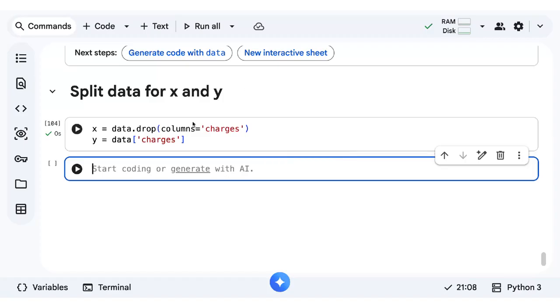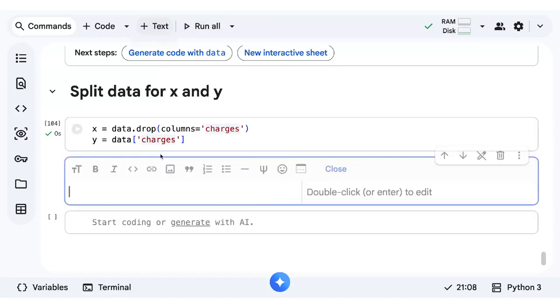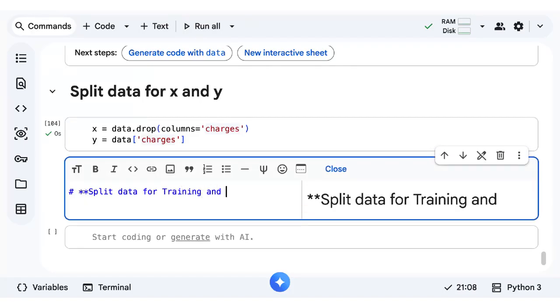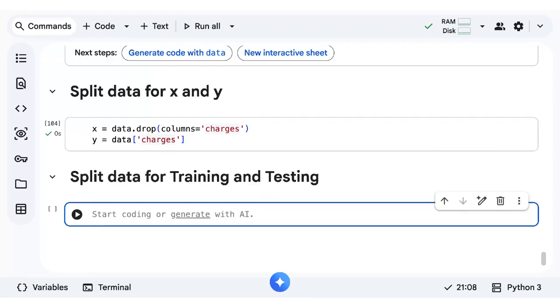Once you split data for X and Y, the next important thing is to split data for training and testing, because we don't use all the data for training. We'll use some of the data for training and some for testing.